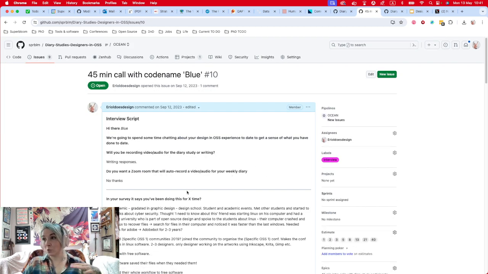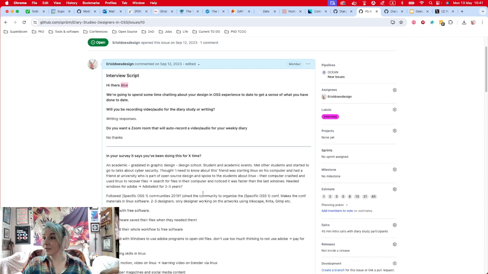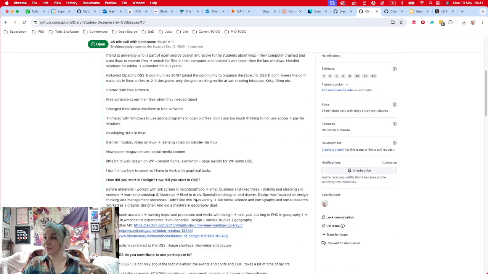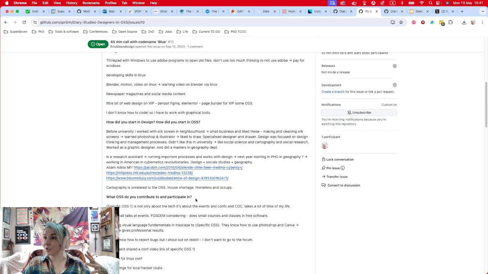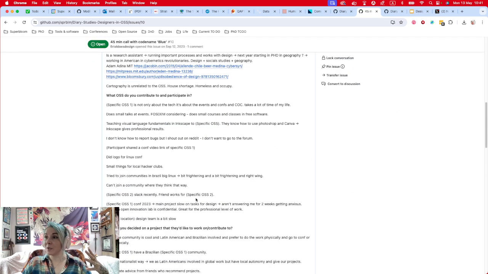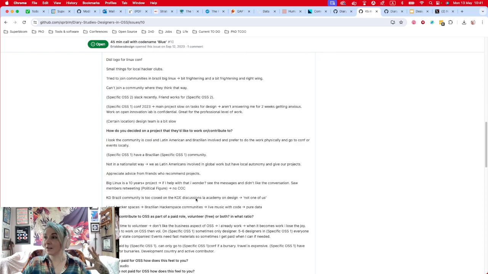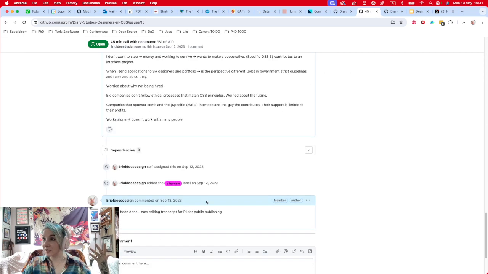Again, all of the data is anonymized. Each person has been given a code name. This goes into some detail about what they've used and how they use it, and a few links to various people, but it has been anonymized as much as possible.